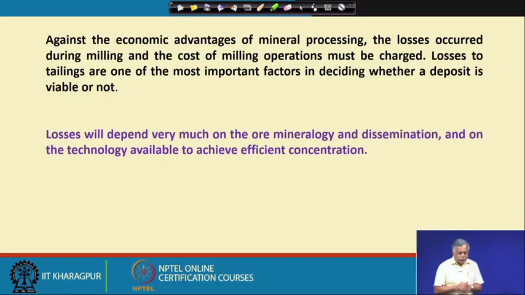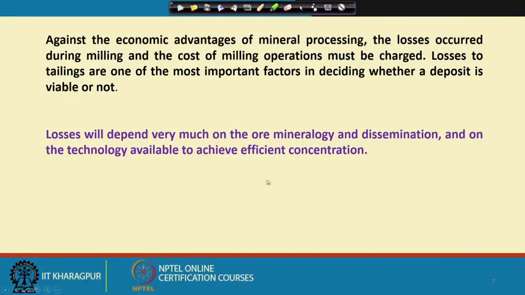How much will you lose? That depends on the geological formation of that particular deposit. That means, what is the mineralogical behavior of that? How are my wanted and unwanted materials oriented in that particular matrix?